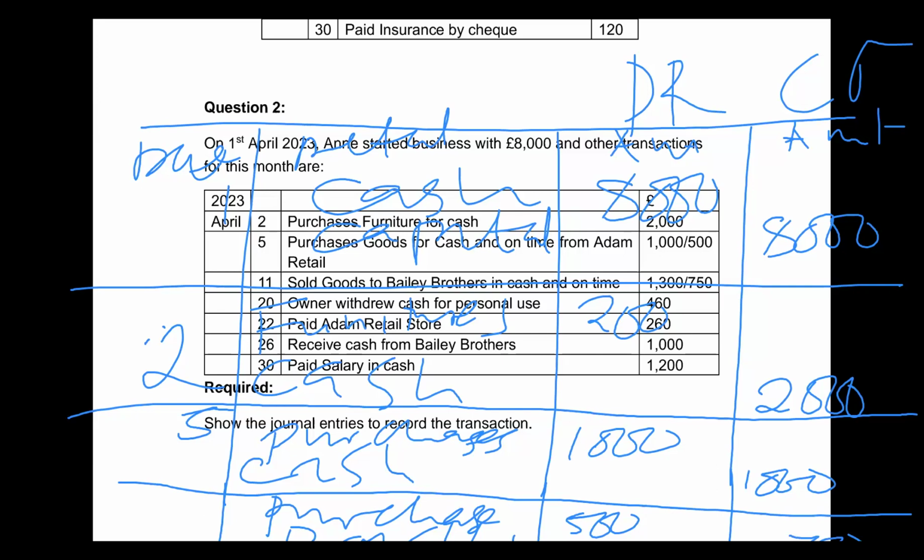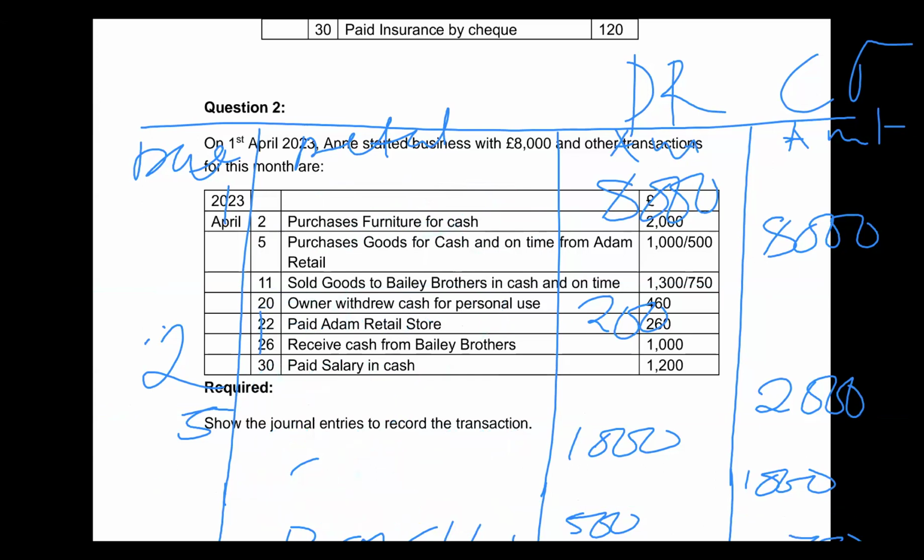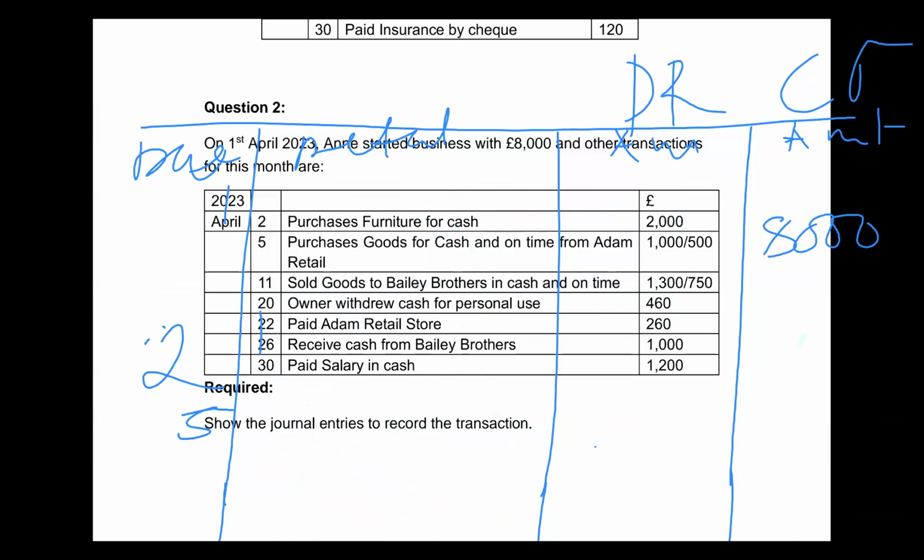We go to the 11th. Let me erase these now. What is happening on the 11th? Sold goods to Bailey Brothers in cash and on time.